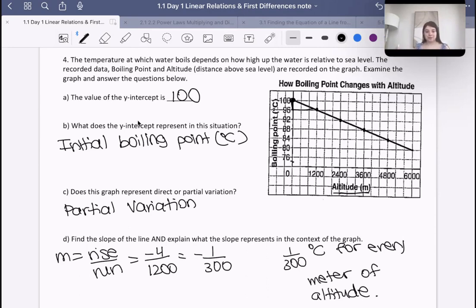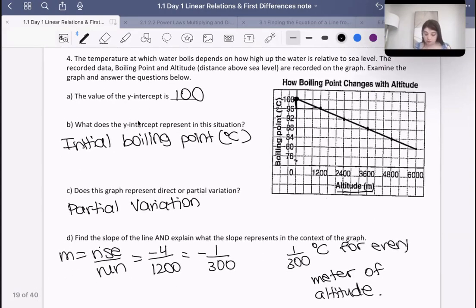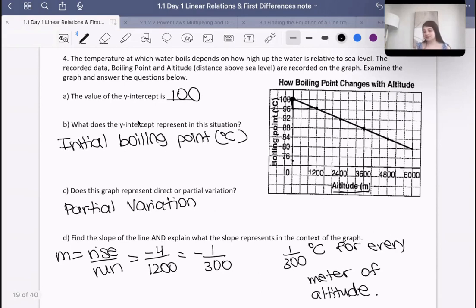That's pretty big. So these numbers may seem a little off to you, and that's okay. They're actually not off. This is not a mistake. These are the true numbers, even though it does seem pretty far-fetched. I should say down, because it's negative, so it's down 1/300th of a degree Celsius.